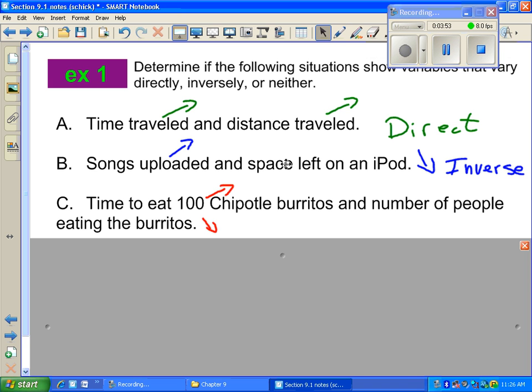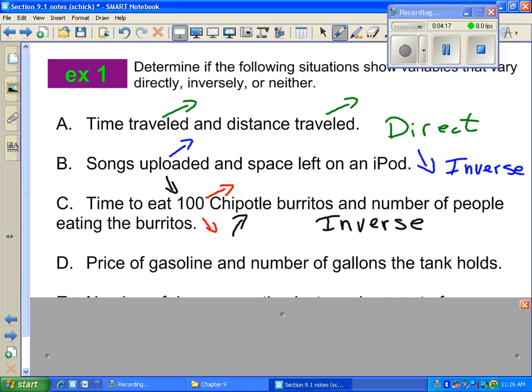Or, as the time it takes decreases, the number of people eating has to increase. The more people eating, the less time it's going to take. The less people eating, the more time it's going to take. That's still an inverse relationship because it's going in an opposite direction. As one increases, the other decreases.